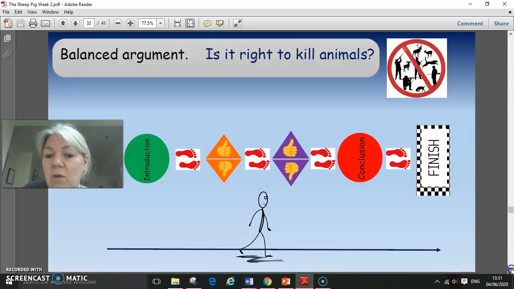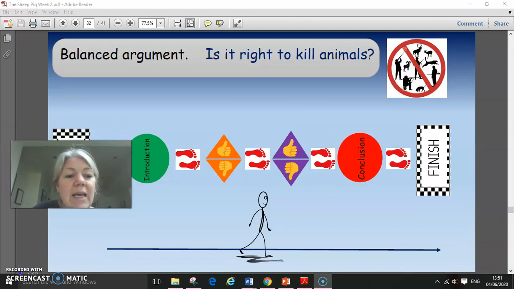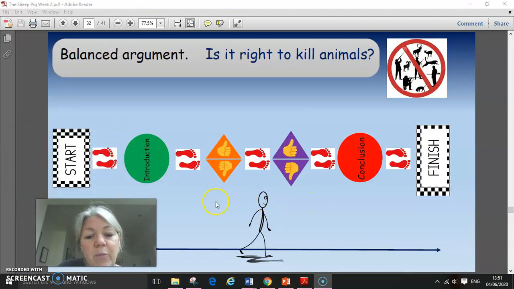It's not a very long session today, because here's our reader, and we've pushed him or her through our shape for a balanced argument. This is the shape of the argument. We've done the introduction, and now you can see our reader is in the argument part of it: an argument for and an argument against. Is it right to kill animals?